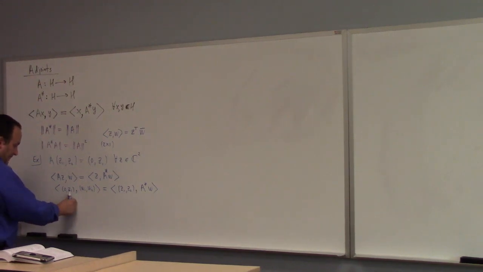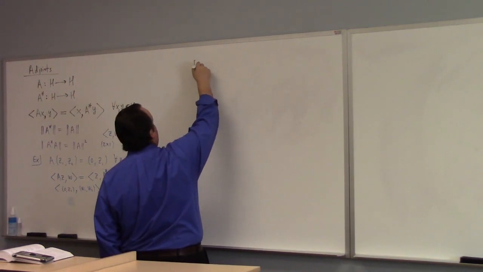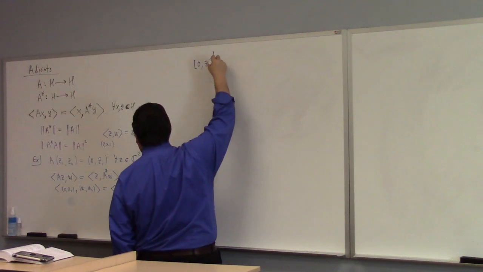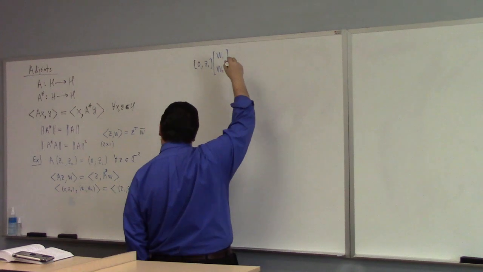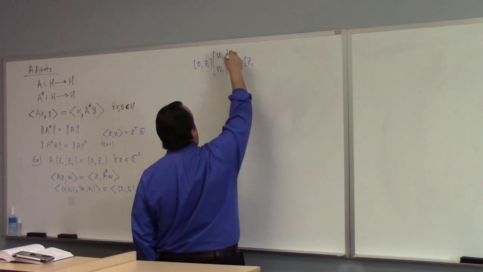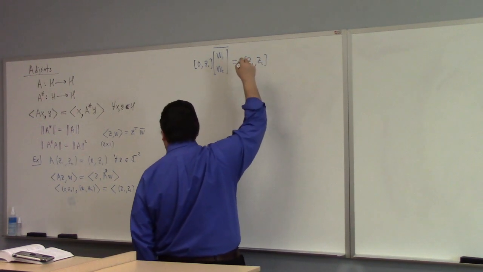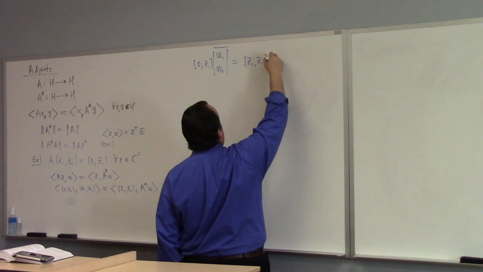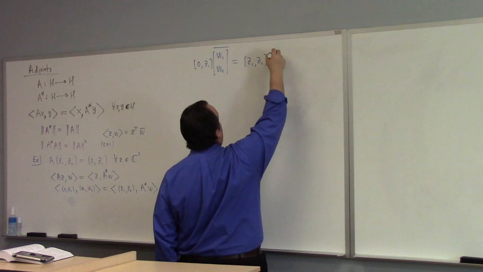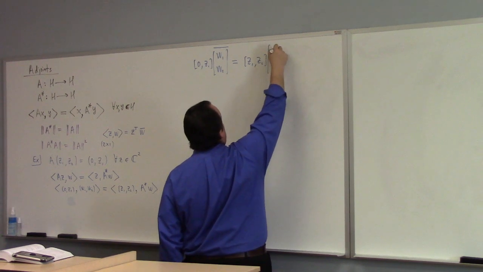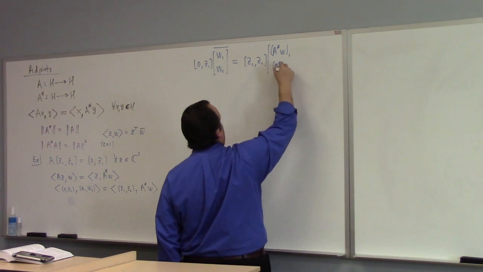Let me write over here. I have the row vector (0, z1) times (w1, w2) conjugate, equal to the row vector (z1, z2) times what I don't know, let me call it (A star W)1, (A star W)2.